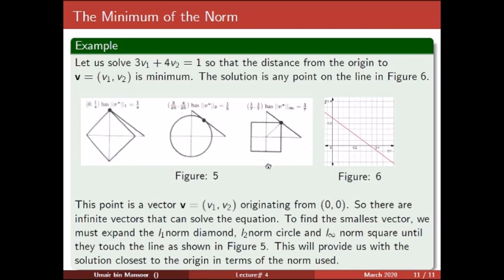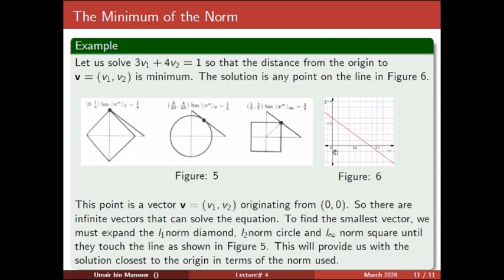So the point is that we will be having infinitely many vectors that will solve this equation, isn't it? I can have a vector starting from 0 to this point, to this point, this point, anywhere touching this line.